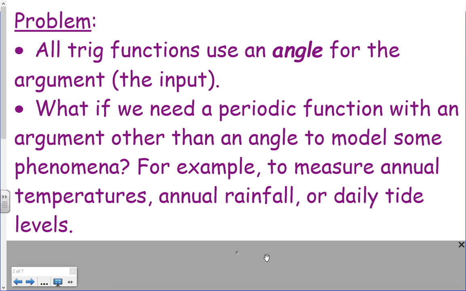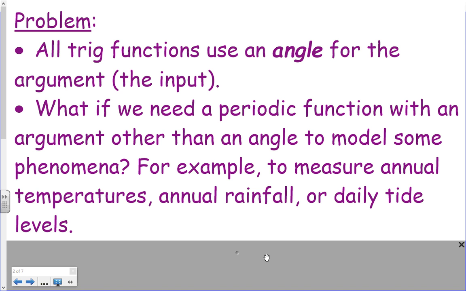What if we need a periodic function with an argument other than an angle to model some data? Maybe you're trying to measure annual temperatures. You have a high temperature and a low temperature throughout the year, and it would be somewhat cyclical. After one full year, I expect those to start repeating. But the input is not going to be an angle. It's going to be a day number or something like that.